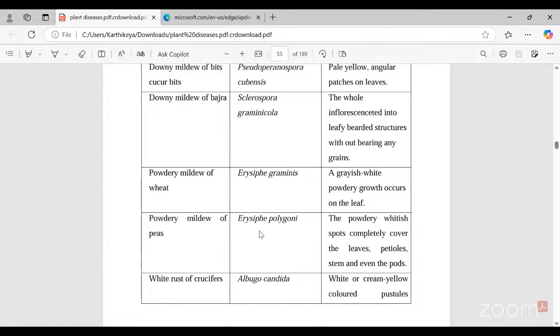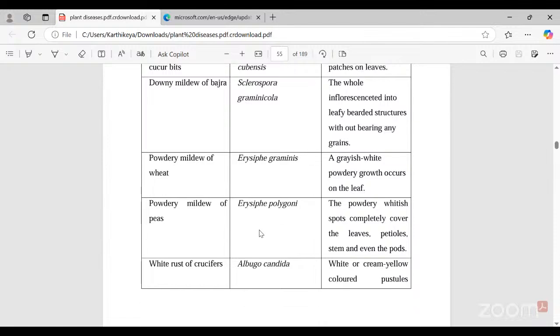The powdery growth completely covers the leaves, petioles, stem, and even the pods.